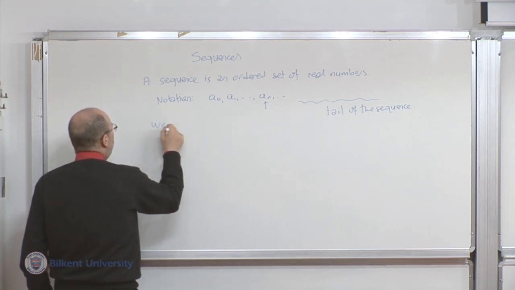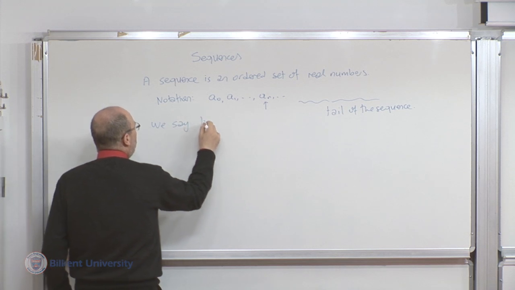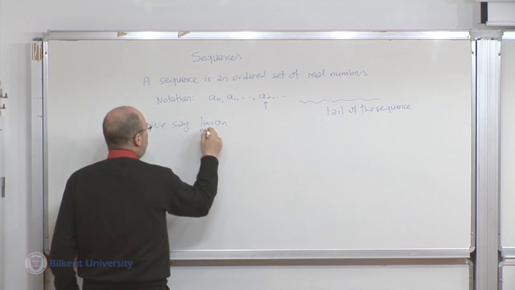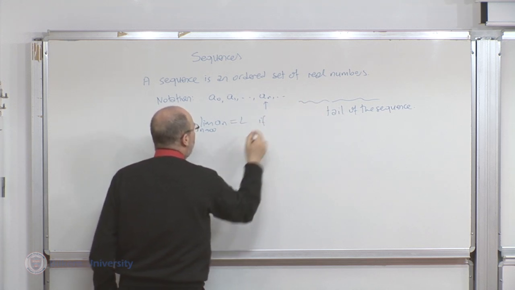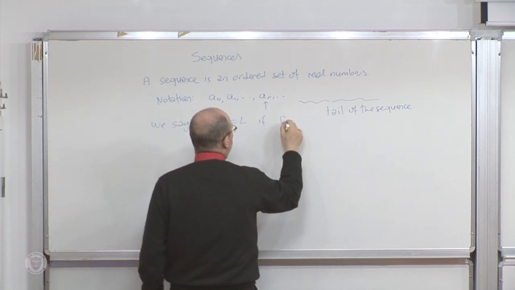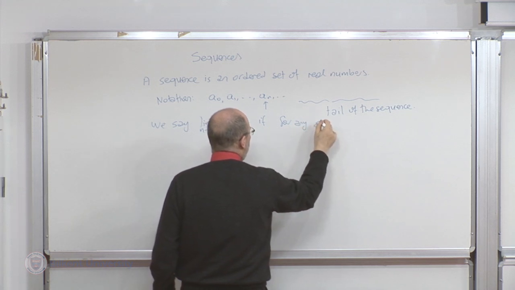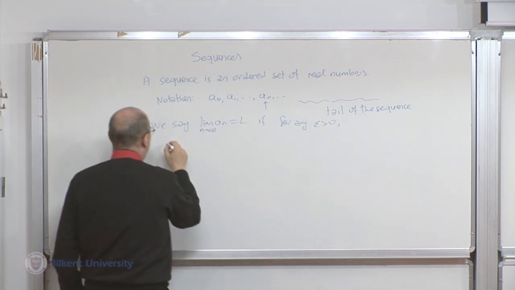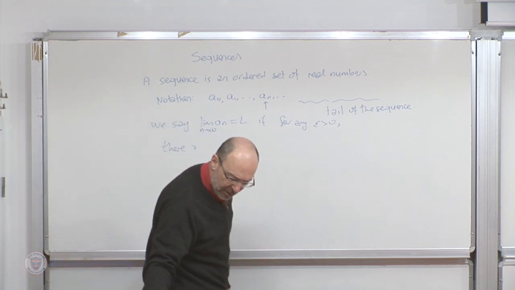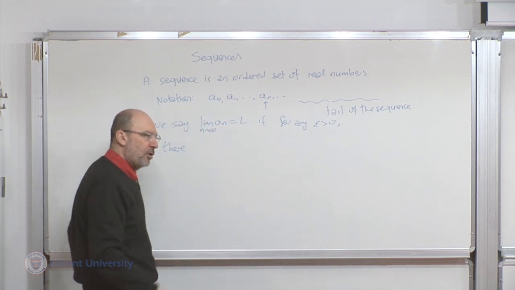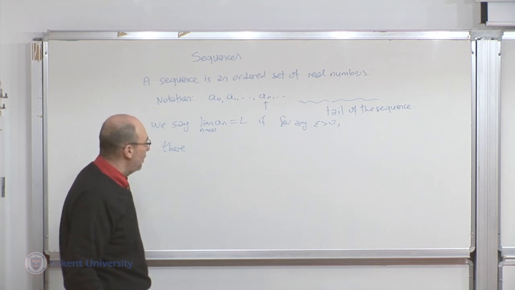So we say the limit of this sequence as n goes to infinity is equal to L if for any epsilon positive, there are only finitely many an outside the interval. So this is not the technical definition, this is an equivalent way of seeing, because I gave the technical definition the other day.